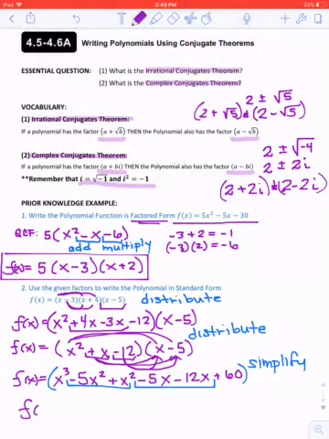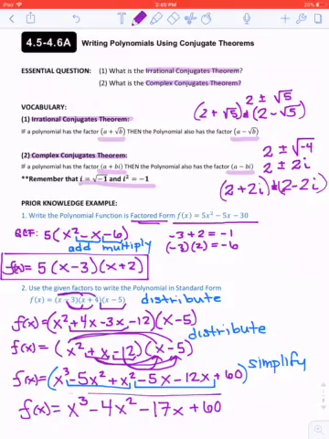So my function, the exact same function that we started with, but written now in standard form, is x cubed minus 4x squared minus 17x plus 60.